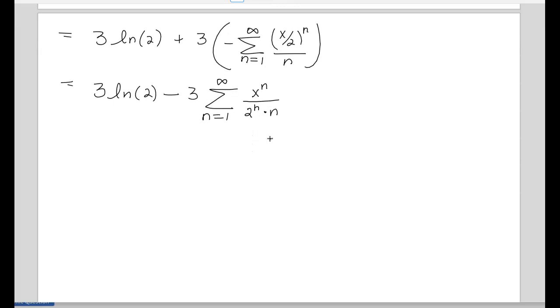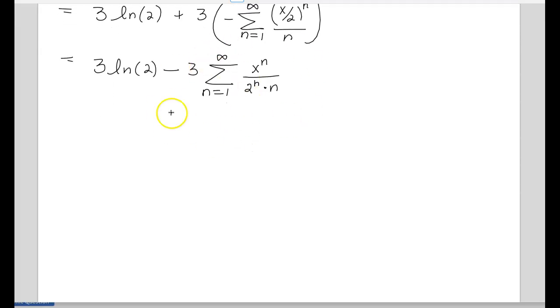And then we can rewrite this series a little bit. So you'll see this will be 3 ln of 2 minus 3, and we'll just expand the series. When n is 1, you're going to have x over 2. When n is 2, you'll have x squared over 2 squared times 2, which is 8.